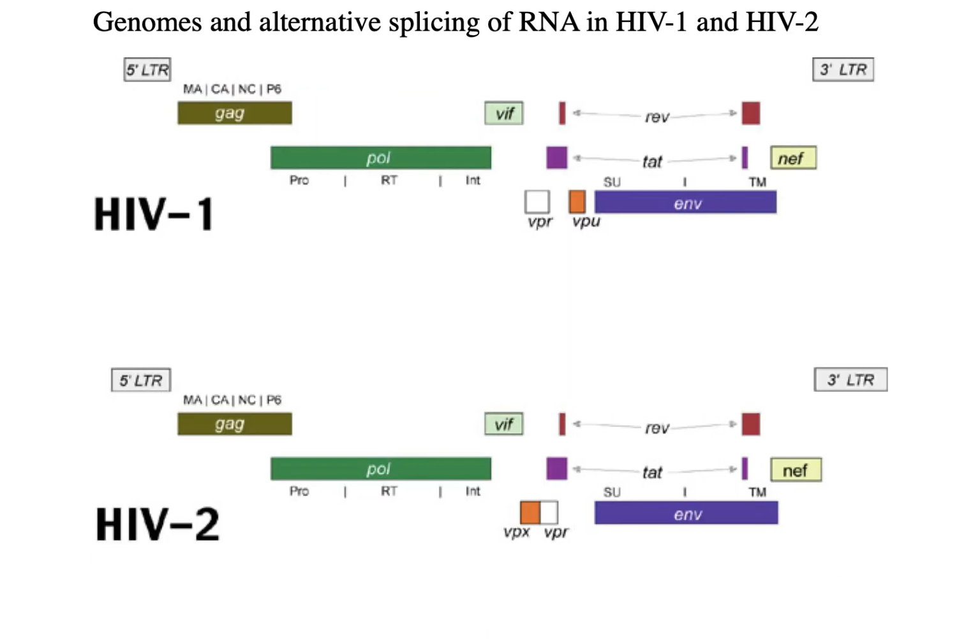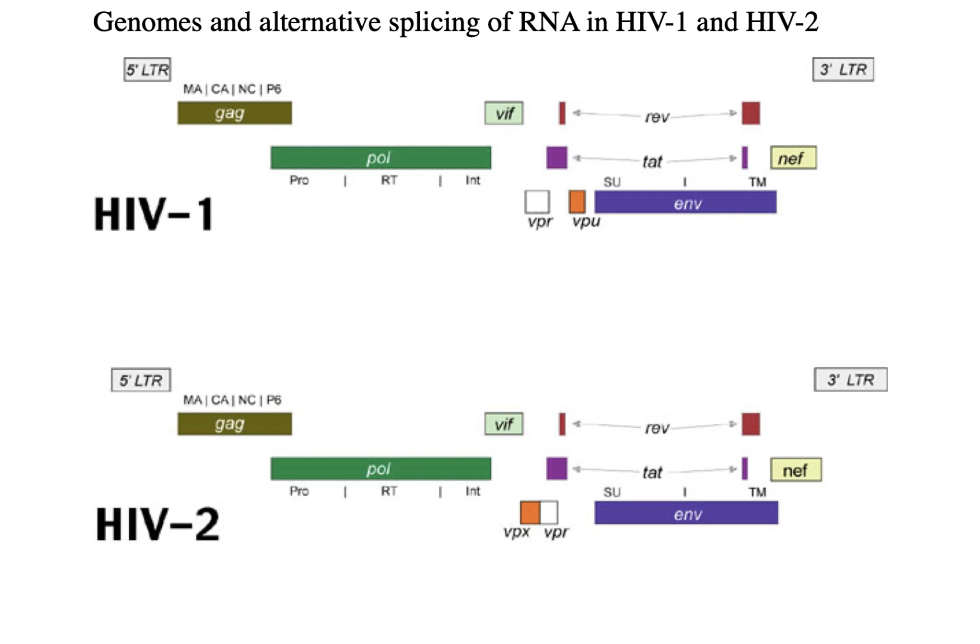So here are diagrams of the genomes of HIV-1 and HIV-2, just 2 variants of the HIV virus. And you can see each one contains 5' and 3' long terminal repeats. Remember those long terminal repeats because they also appear in some retrotransposons, which I'll talk about next.